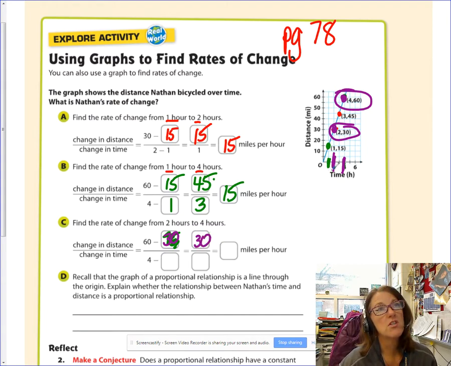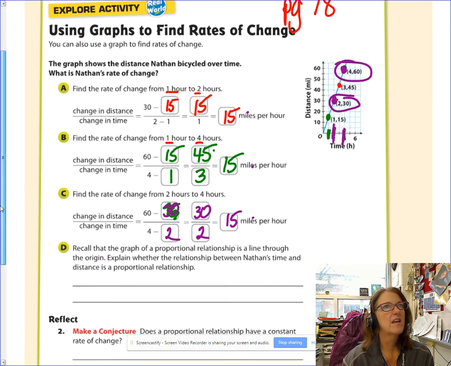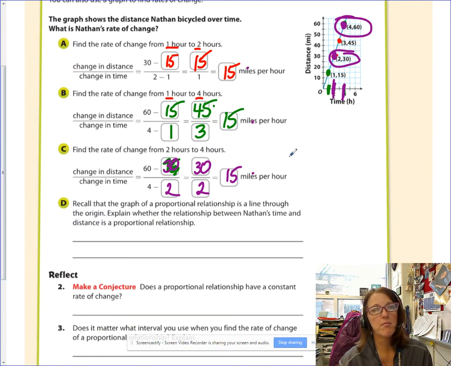Going from the change in time, we were going from 2 hours to 4 hours. And when you subtract those, you get a rate of 30 miles in 2 hours, which as a unit rate is 15 miles per hour. Oh, these are all the same. Okay, this also happens to be a proportional graph.